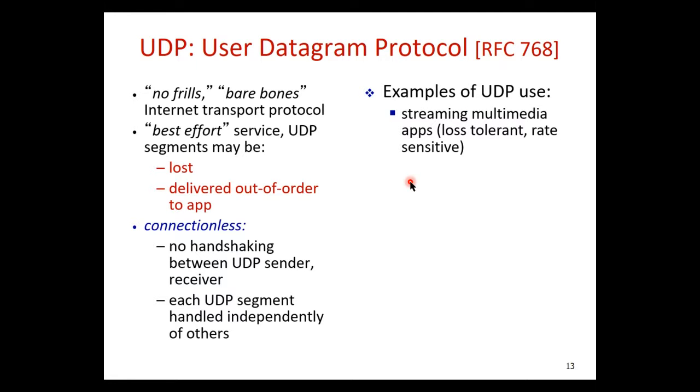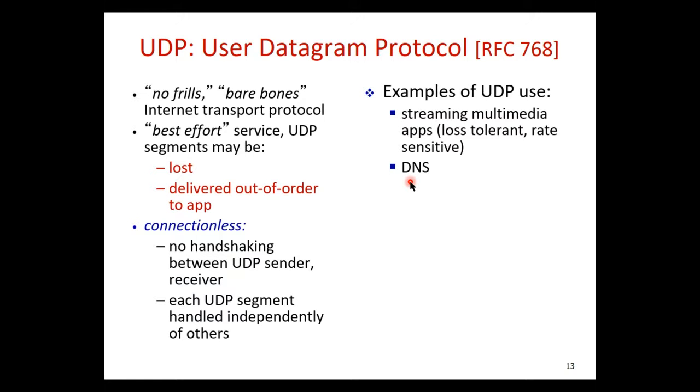There are some applications such as streaming multimedia applications, which can tolerate data loss. And if your application can tolerate data loss, then you don't need the reliability aspect of TCP, right? So that may be a reason why you want to use UDP.